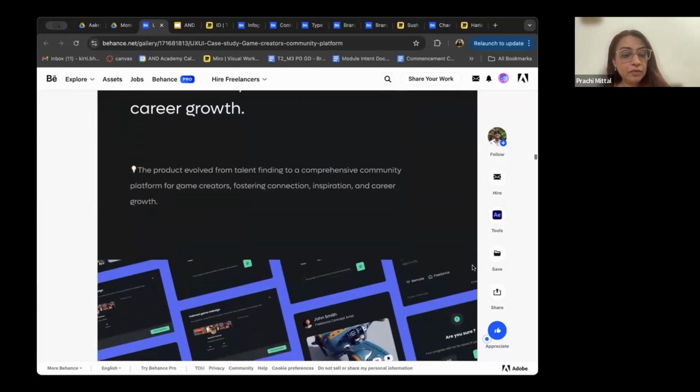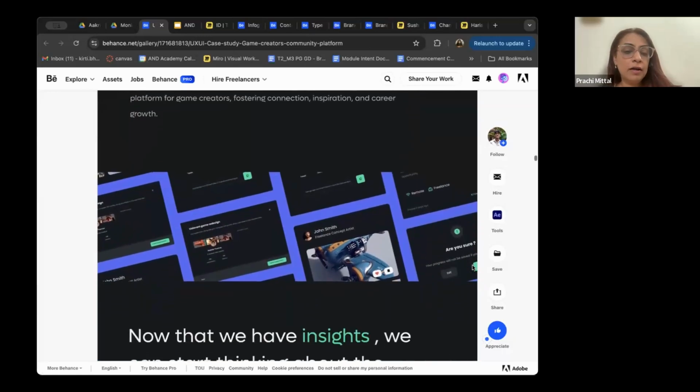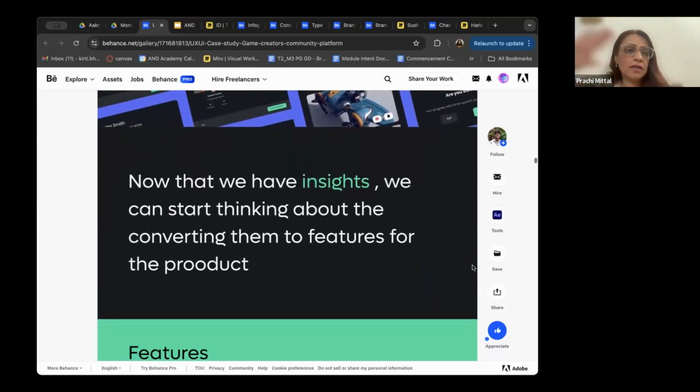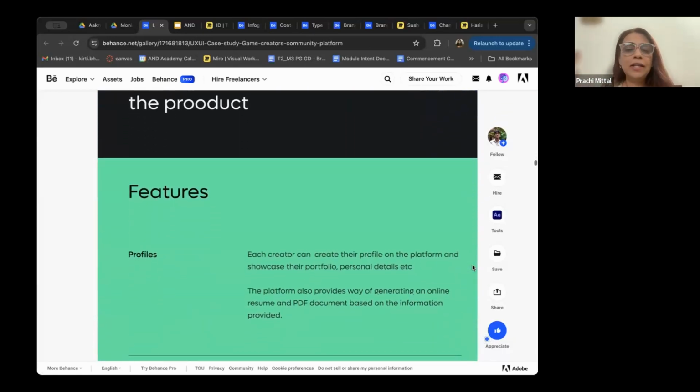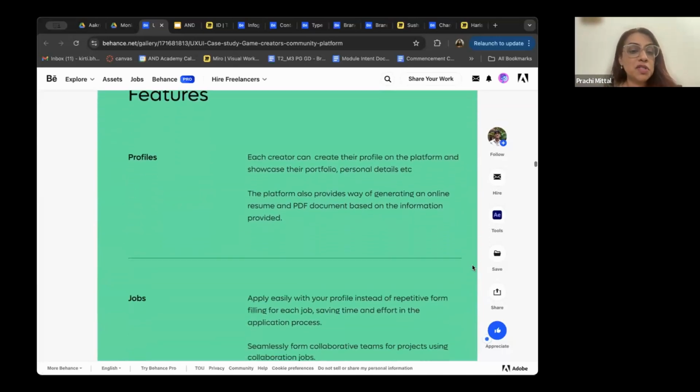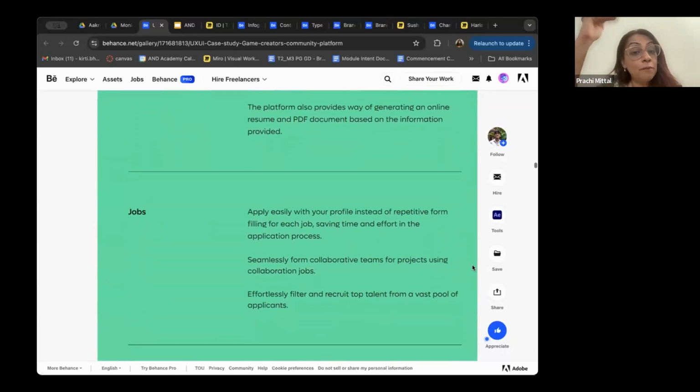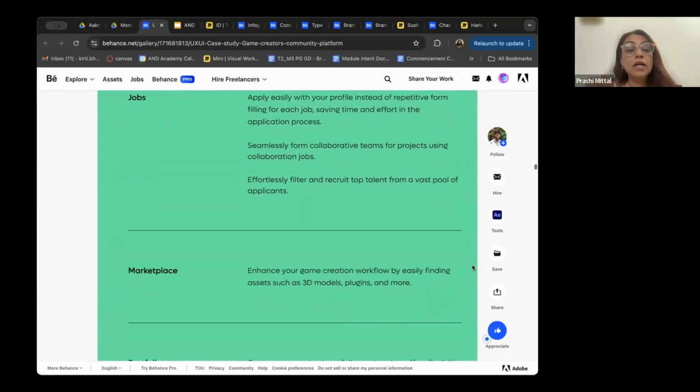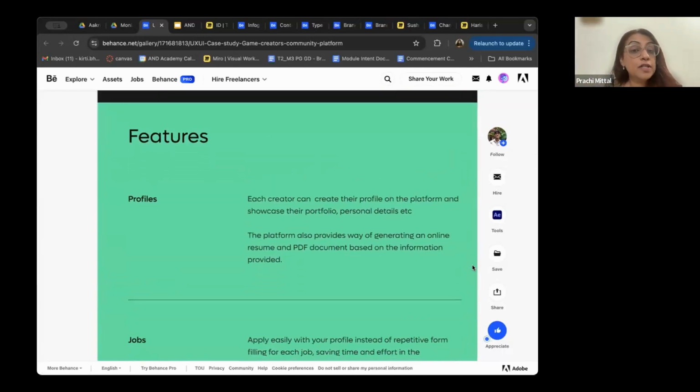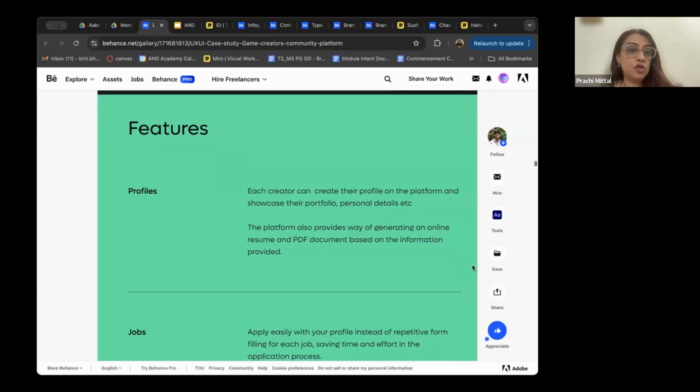Let's move on. Yeah. And then people always think that a shiny looking outcome comes, but this is what you start doing. You start listing from the needs. We'll just pause here for a minute. From the needs, you start listing what are the different features, right? So the first feature is that there needs to be a profile page for each of the users, and what should be there in each of these profiles.